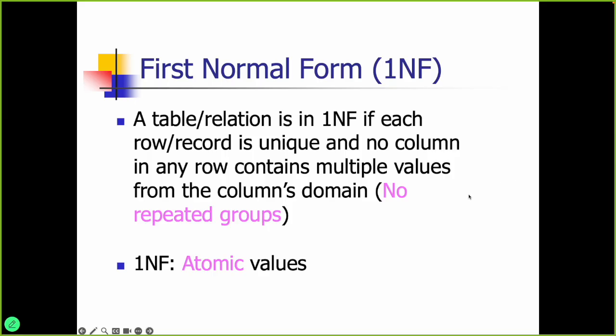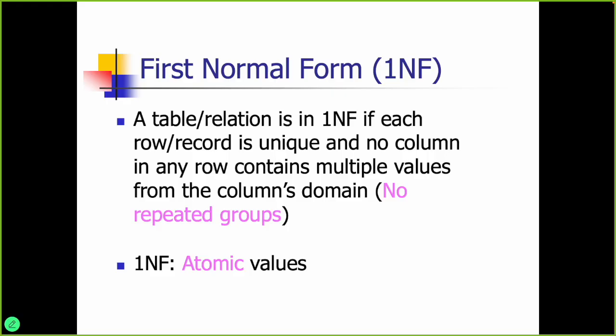So first normal form, just a quick review. It means that there are no repeating groups in your table. The whole idea is that you cannot have, for example, a cell in your table including multiple values, right? For example, you cannot store two different phone numbers.